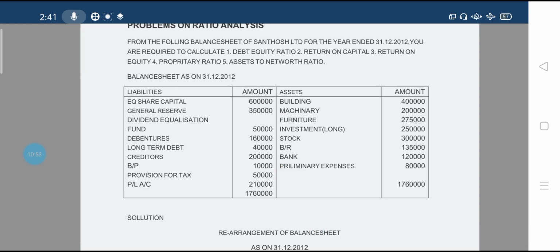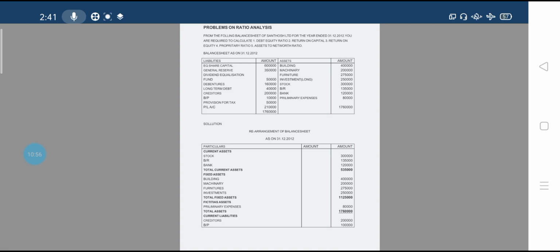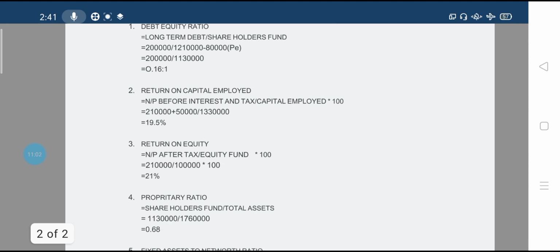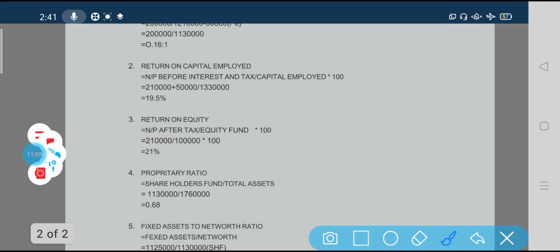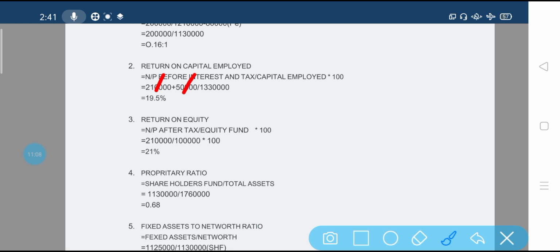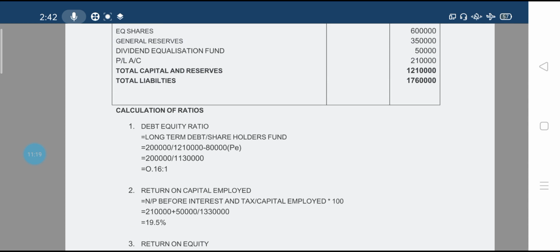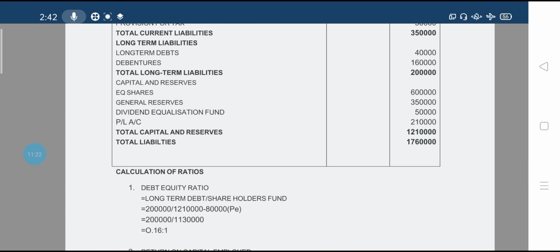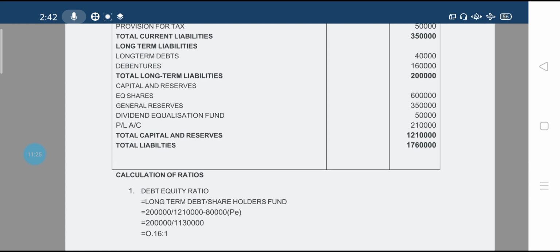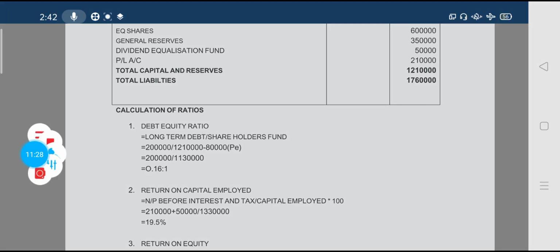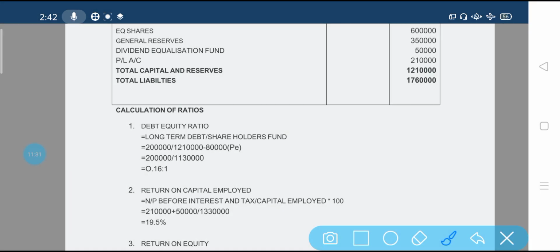That's why we are adding here. So 2,10,000 profit and loss account plus 50,000 provision for tax, divided by 11 lakh 30,000, the capital employed.